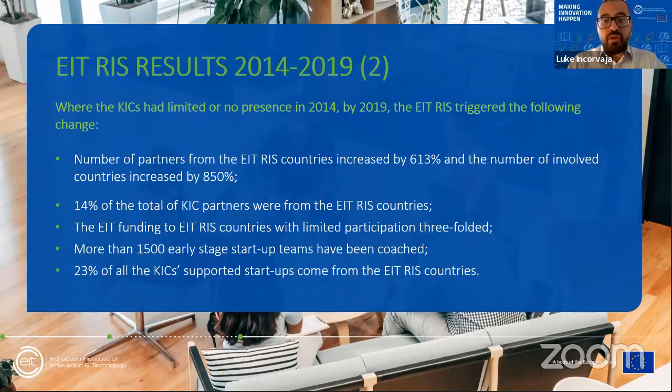The same level of increase has also been seen in the total number of partners, this standing at 14% in 2019. Again, this number is now even higher, with our aim that this will be very significantly higher over the next years. And also in terms of funding, the amount going to RIS countries has increased threefold.